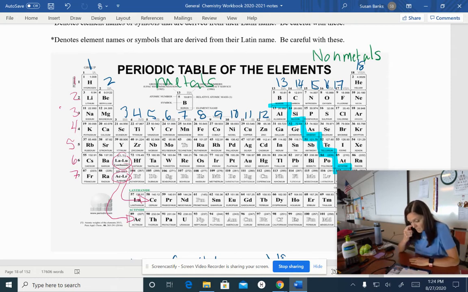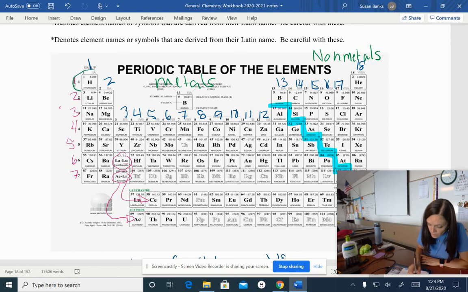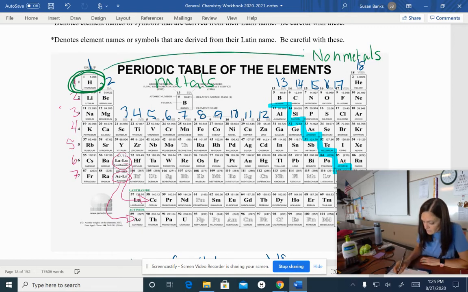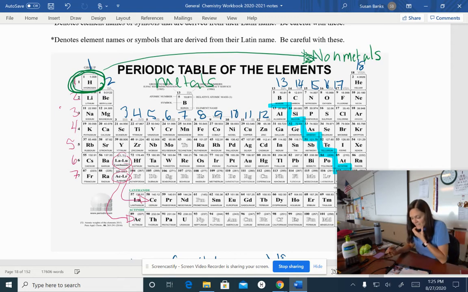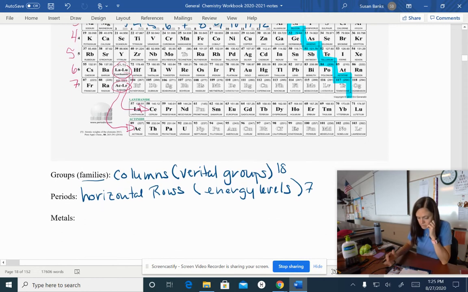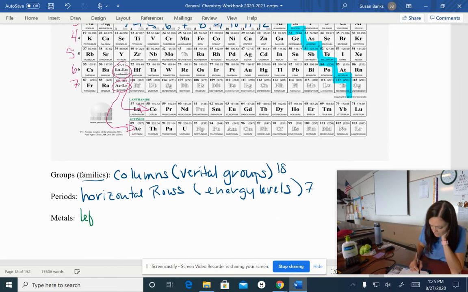Okay, so the nonmetals are to the right of that stair step line and the metals are to the left. There is an exception though. Here's our one exception. Hydrogen is really a nonmetal. Okay, so hydrogen is our one exception to that staircase rule. Okay, so the metals are to the left and the center of the periodic table.